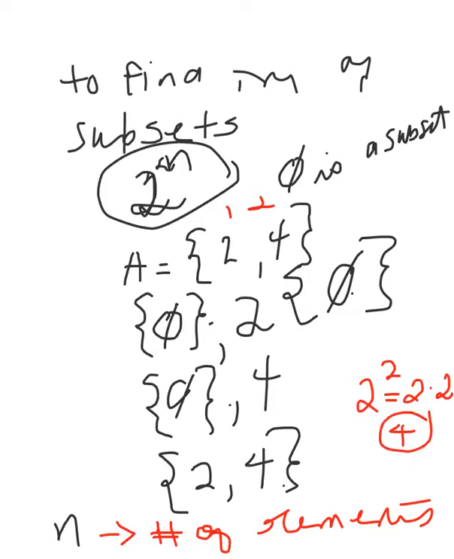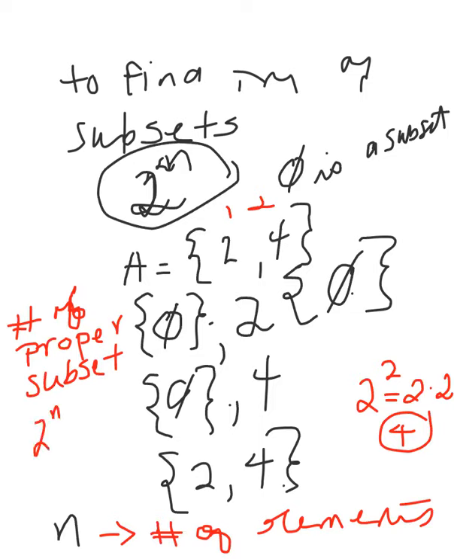Now, additionally, to calculate the number of proper subsets, remember, when we talk about proper subsets, the number of elements in a proper subset must be less than the original set. So for the number of proper subsets, we use the formula 2 to the n minus 1 to calculate how many proper subsets the set would contain.